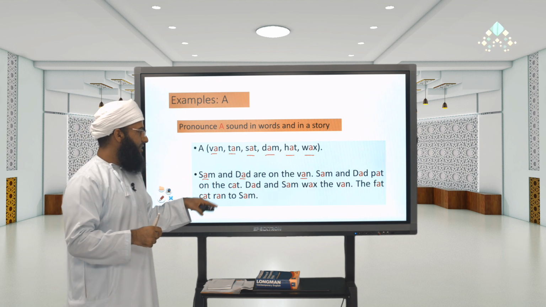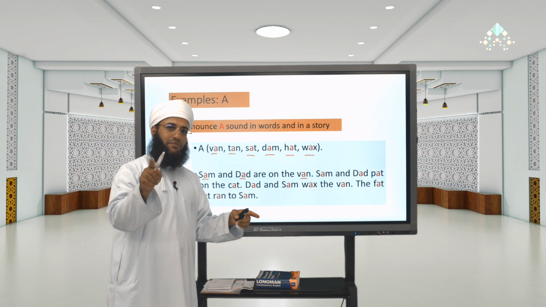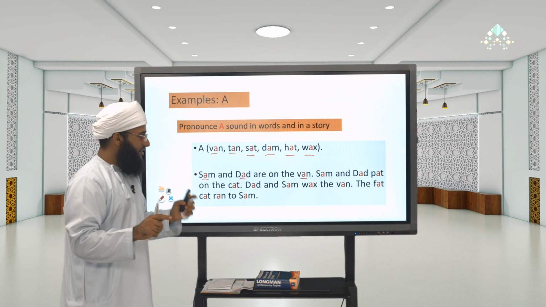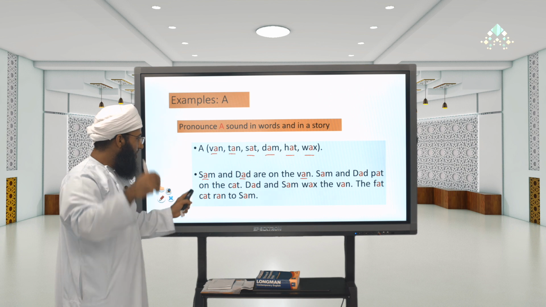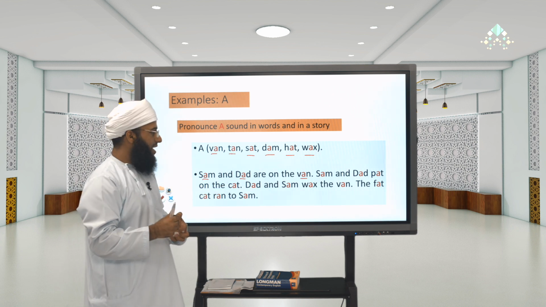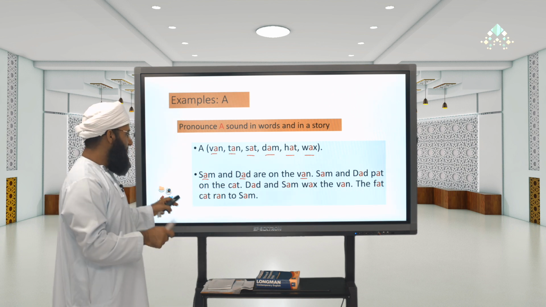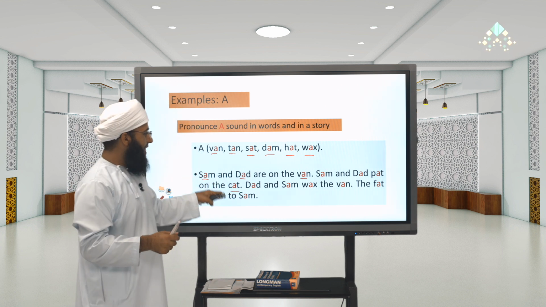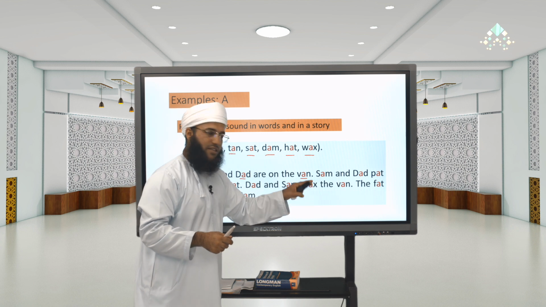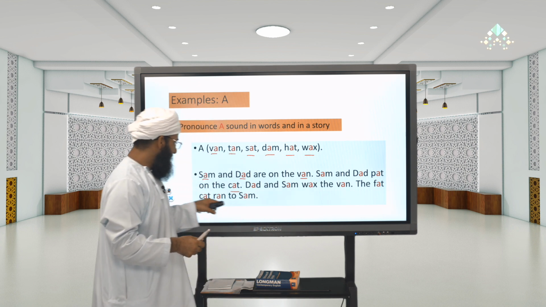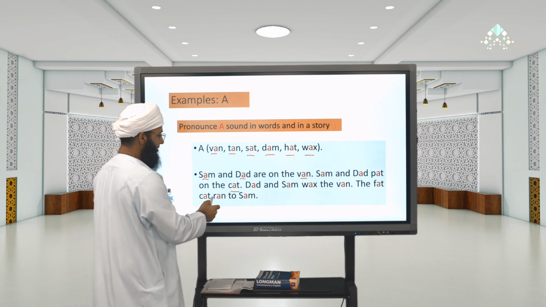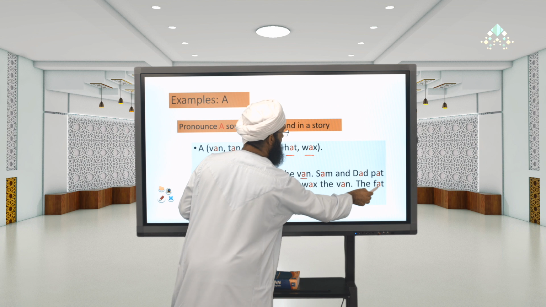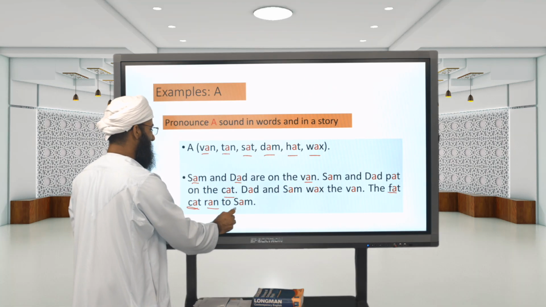Sam and Dad are on the van. Okay? Sam and Dad pat the cat. Dad and Sam walk the van. The fat cat ran to Sam.